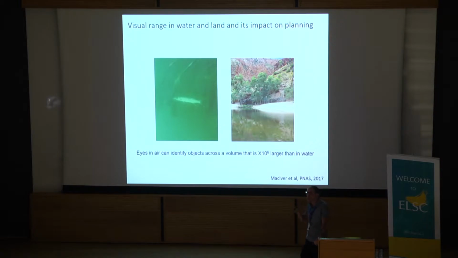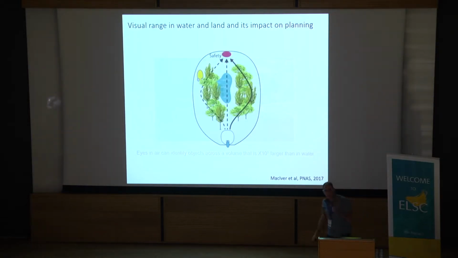And indeed, if you look at evolution and you track the sizes of the eye sockets, you see that upon this transition, there's an increase in the size of these eye sockets to take advantage of this property.